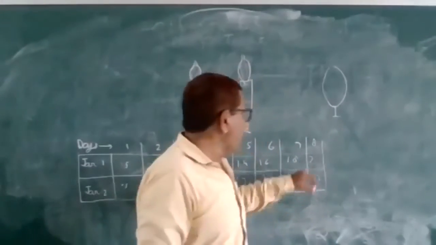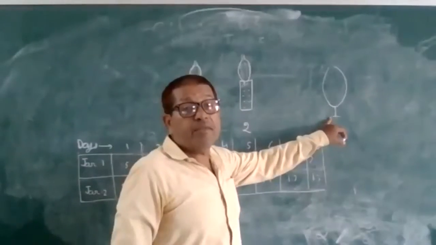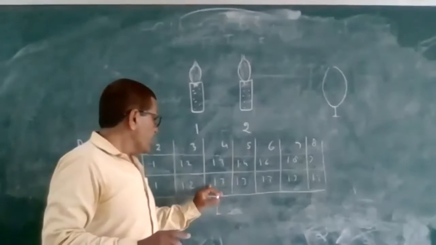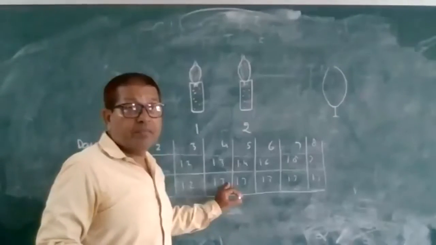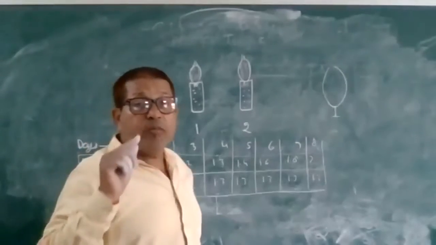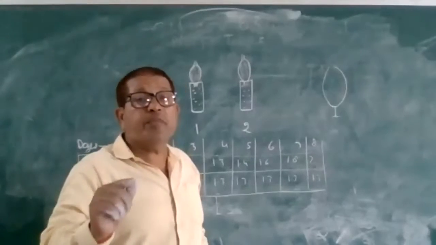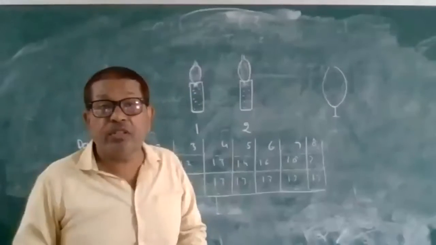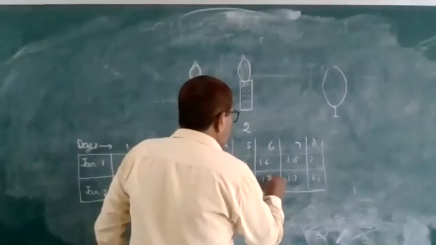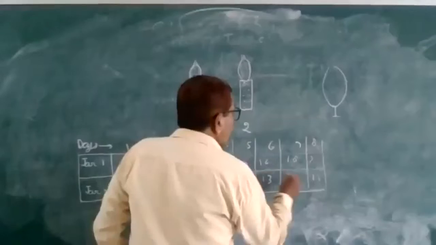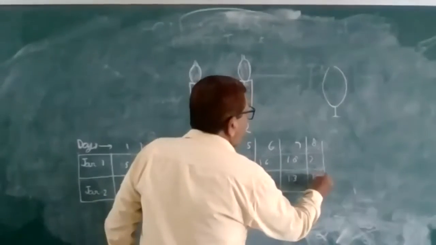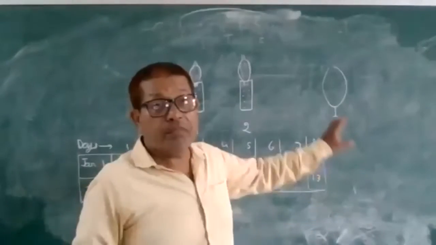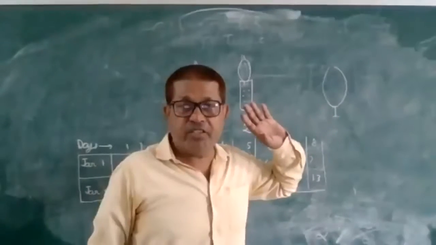But in case of B, after third day, after fourth day, when we remove the apex of the root, there is no increase in the length of the root. The length of the root will be the same. There is no increase in the length of the root of the second experiment, second jar.